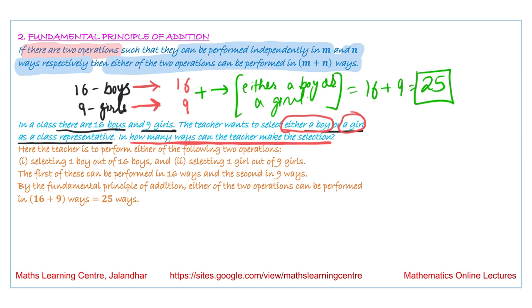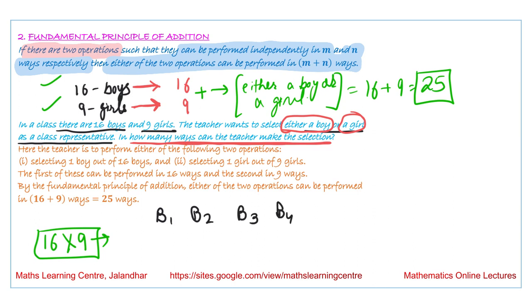In the previous case we had to choose one boy and one girl. First we chose the boy and then we chose the girl. What this represents is, suppose we have the boys B1, B2, B3, B4, and so on up to B16, and the girls G1, G2, and so on up to G9. We have to choose one boy and one girl.